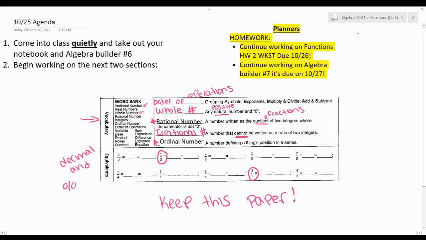An ordinal number is a number defining a thing's position in a series. The way you can remember ordinal is kind of like it almost has the word order. So it's kind of like order. Ordinal is like the order, and so when we talk about defining a thing's position in a series, that's like the order in a series, just putting them in order.